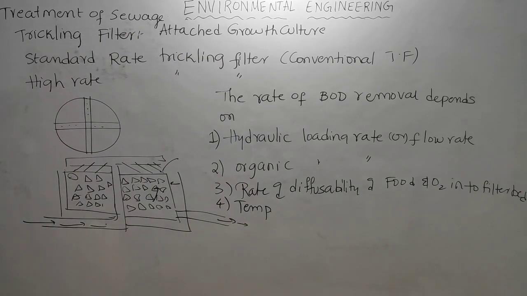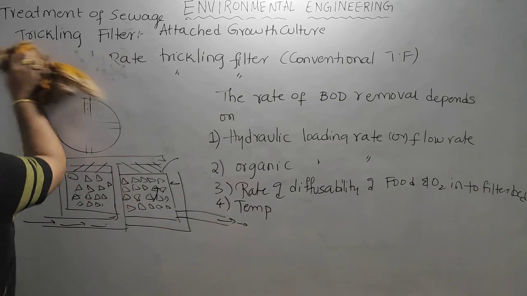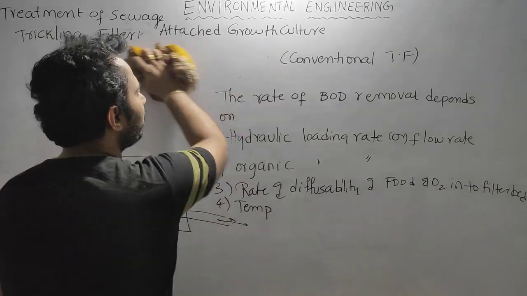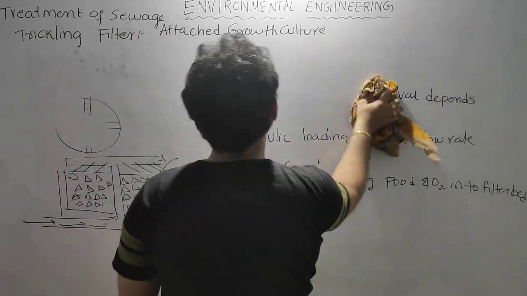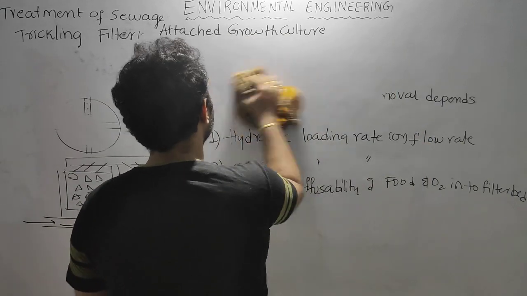So how to design a trickling filter? Let us see the design of trickling filter. We are discussing the standard rate trickling filter first, and then we will discuss the high rate trickling filter.